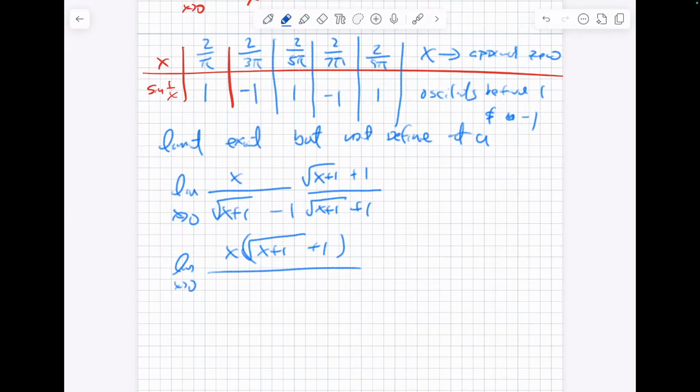The order is going to be like this: A, 3x to the 4th power, 3x to the 3rd power, 3x to the 2nd power, 3x to the 1st power, 3x to the 0 power, which is 1. And this one is going to be 2 to the 0 power, 2 to the 1 power, 2 to the 2nd power, 2 to the 3rd power, and 2 to the 4th power.